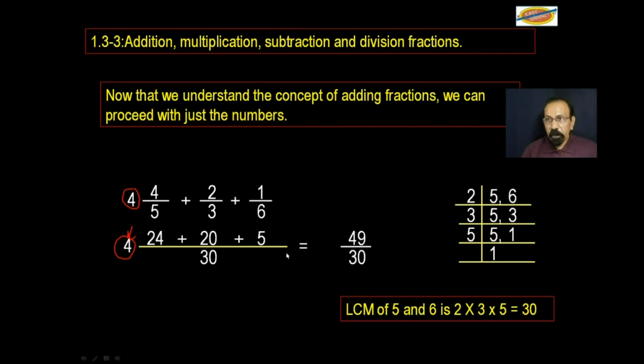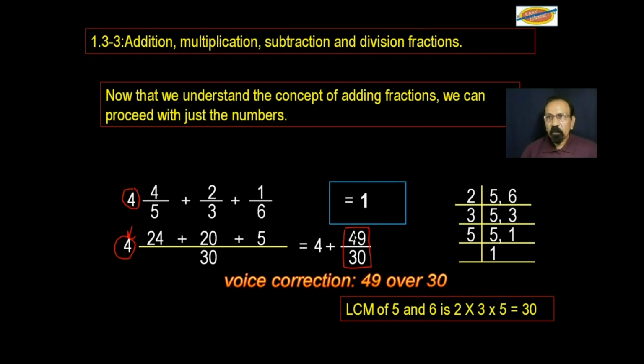That is a whole number. So 4 plus 49 over 30. When we work out 49 over 30, as we found previously, we got 1 and 19 over 30. So now we are going to add 4 and 1 and 19 over 30.